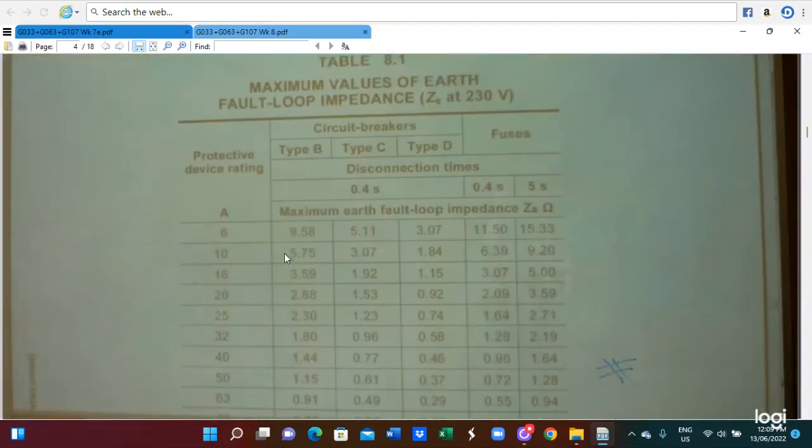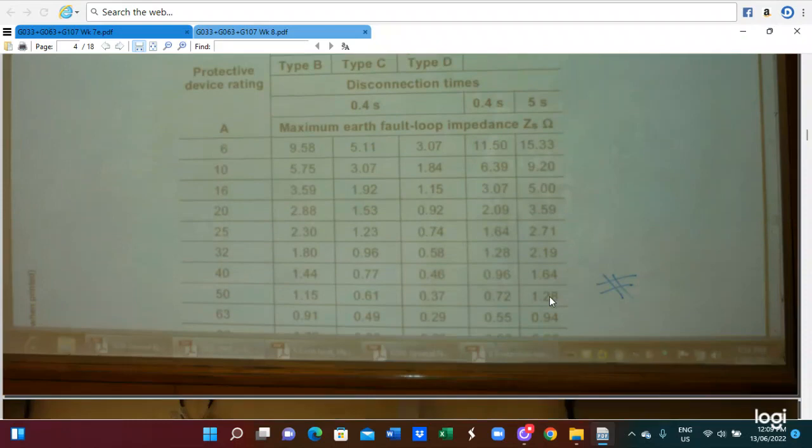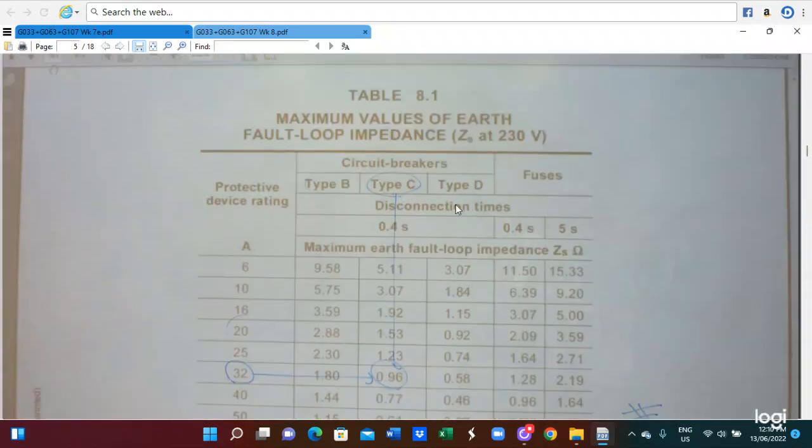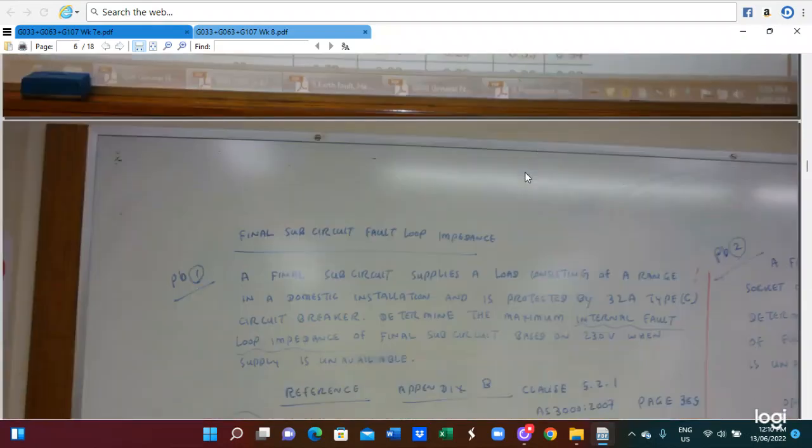This one shows the maximum value of the fault loop impedance depending on the protective device rating, the circuit breaker type, RCD and fuse, and this is for the maximum fault loop impedance. This one you can see. This is for the protective device rating and maximum fault loop impedance relationship.